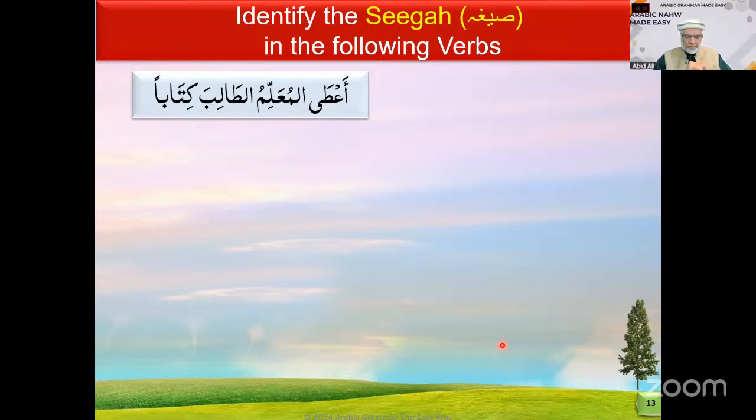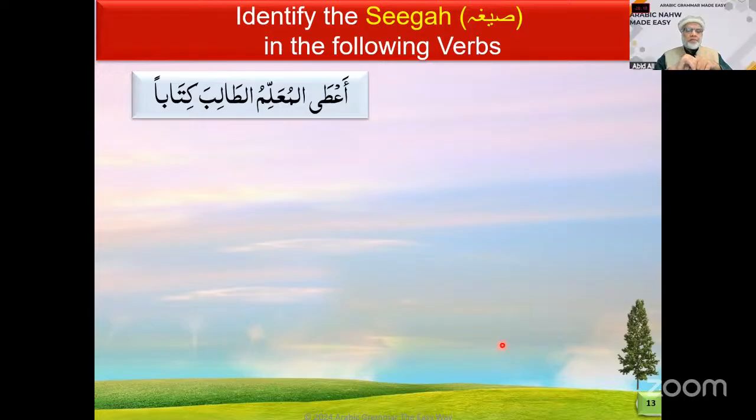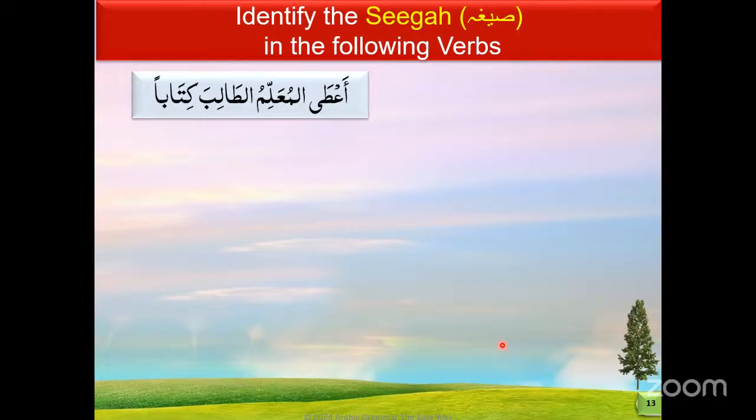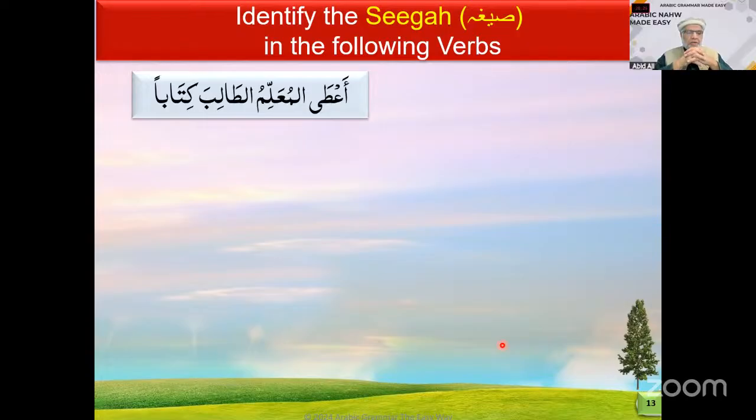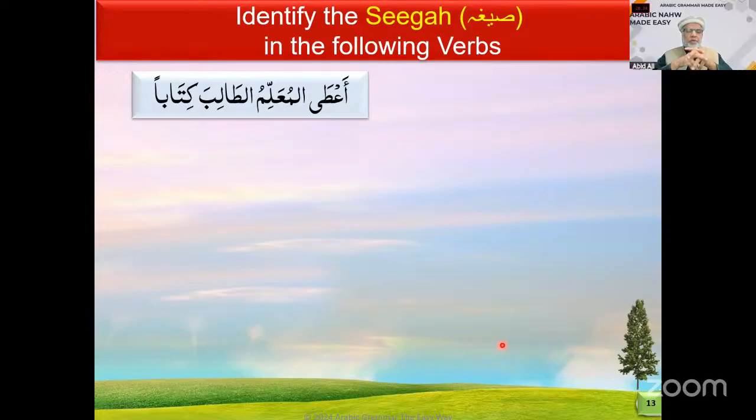Why are they objects? What tells you that they're objects? Are they nouns, by the way? They are nouns, and how do you know that a noun is an object? It has nothing to do with ata.